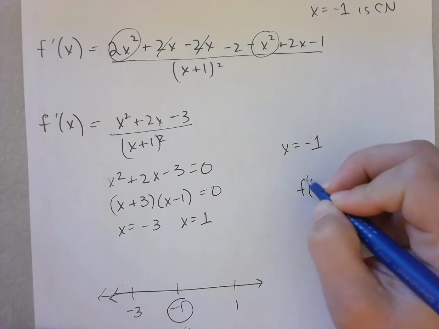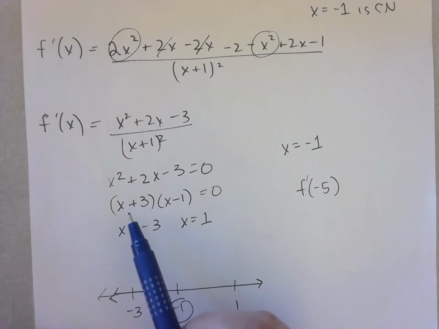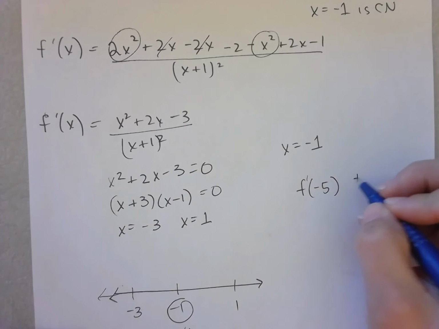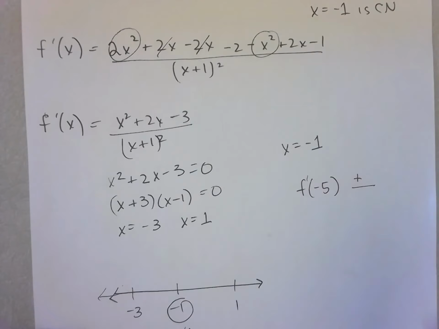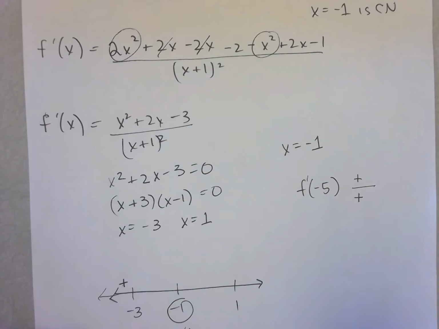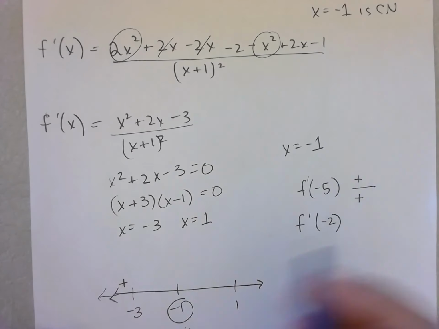So I'm going to look at f prime of -5, and when I do that, I will get a negative number here and a negative number here, so negative times negative is positive on top. Then on the bottom, I will get something squared, which will be positive. So it's positive in that interval. I also have, let me try f prime of -2.